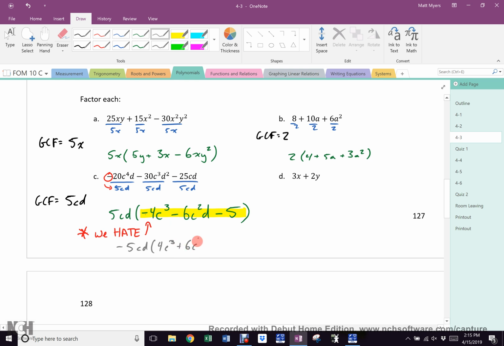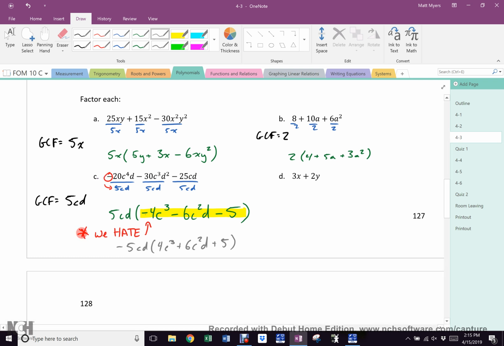Plus 6C squared D, and what would this be? Plus 5. We like this. We want the negatives moved as far to the left as we can. But only if there's a negative at the left in the first place. Do you all understand what I mean?